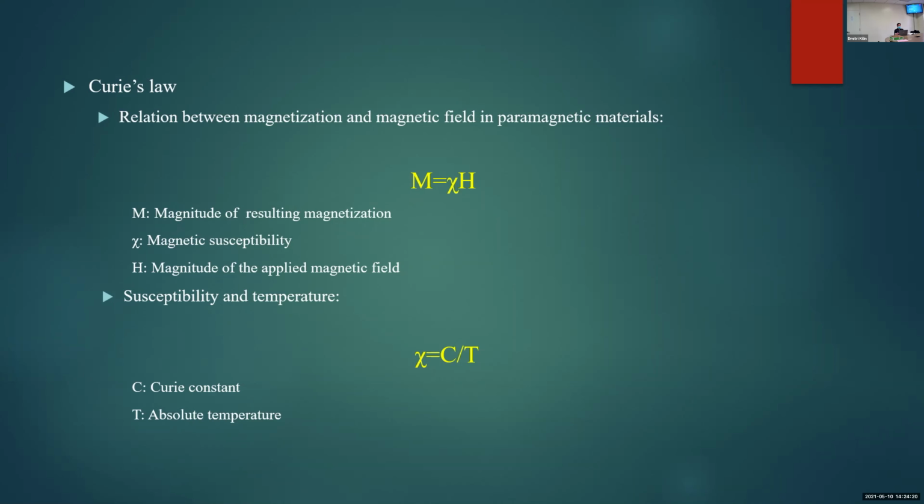M is magnitude of the resulting magnetization, and H is magnitude of the applied magnetic field. And susceptibility is also a function of temperature in a fixed magnetic field. Magnetic susceptibility is inversely proportional to the temperature, which is a hyperbola function. Which means if temperature is lower, the magnetization increases.